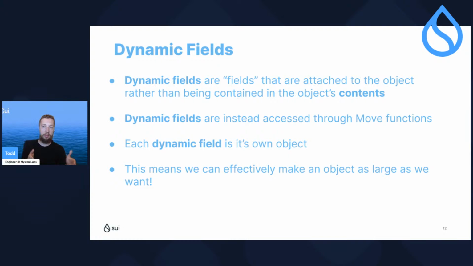We then access these dynamic fields with Move functions during execution, instead of loading them when we load the object. We're able to do this by making each dynamic field its own object. So we're dynamically loading these objects as opposed to loading them up front, which means we can essentially make any object as large as we want, because we only need to load the pieces of information that we are reading or that we care about.